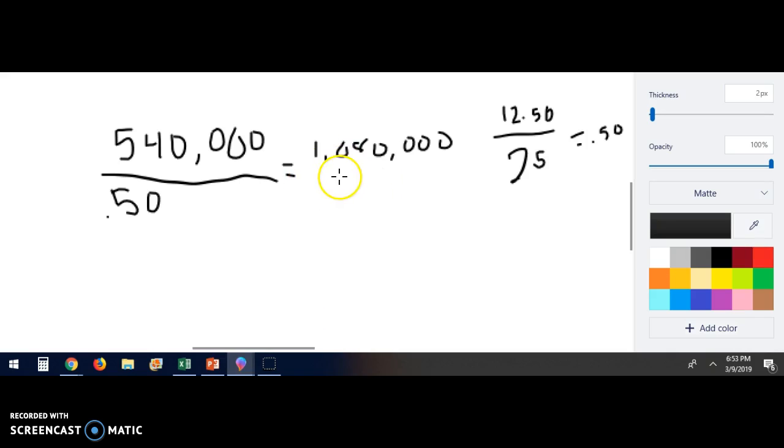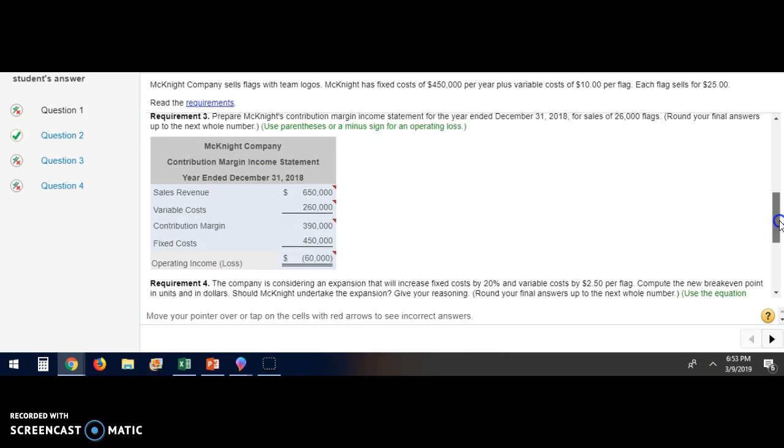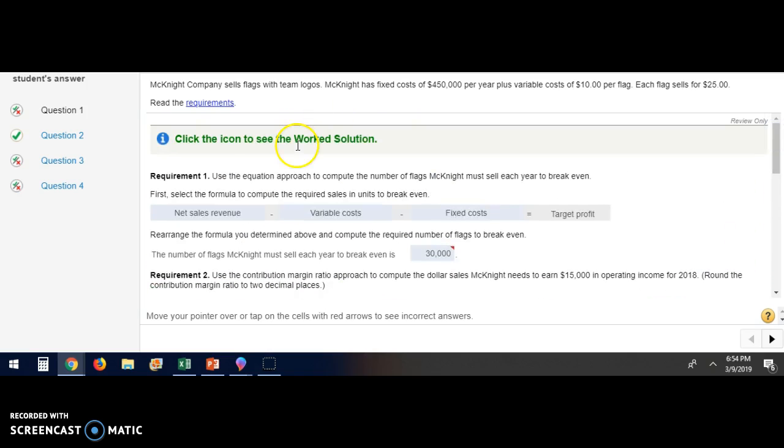Well, you would take your dollar amount divided by $25. That's how much each flag is. And that should give you the 43,200 right here. And then the only reason we should take the expansion is if the profits go over the expected cost. So hopefully that will help you understand all the calculations in question number 1.